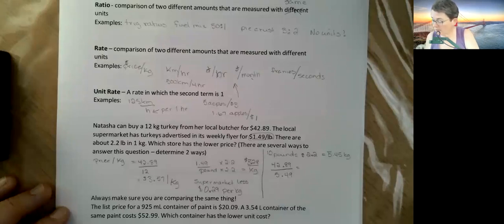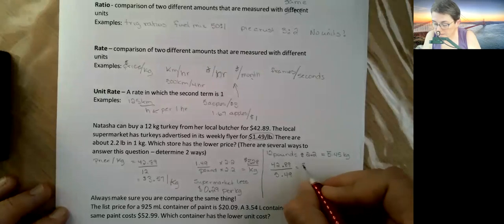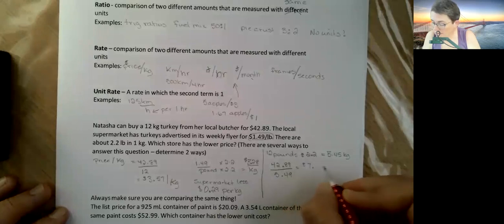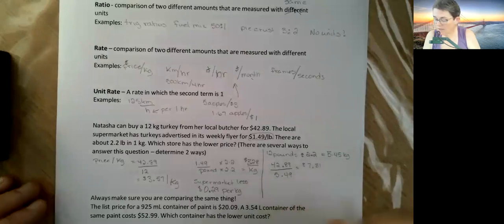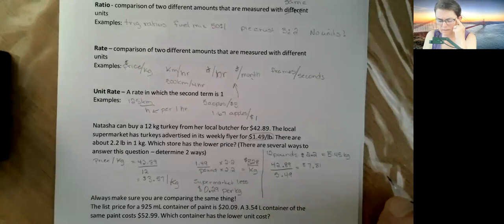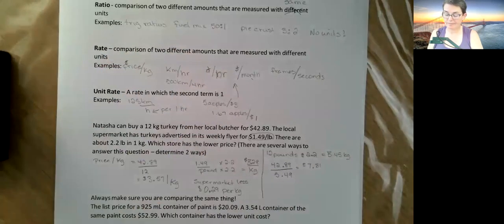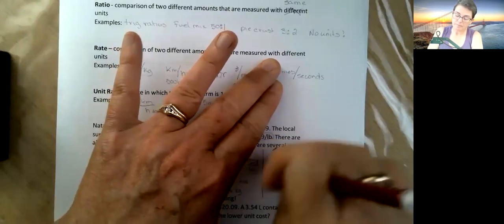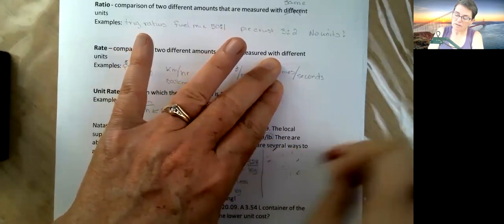I don't know if you can hear my crazy dog. 7.81. Yeah, that's all messed up, isn't it? Let me try again. I was right the first time.